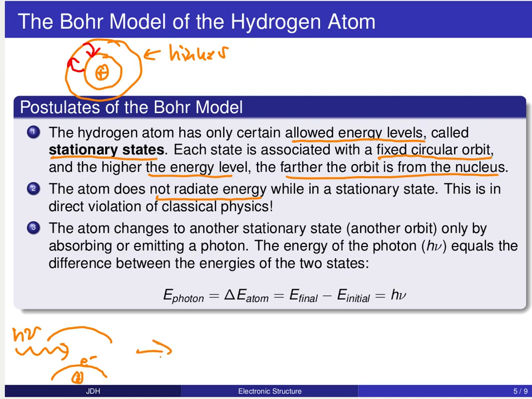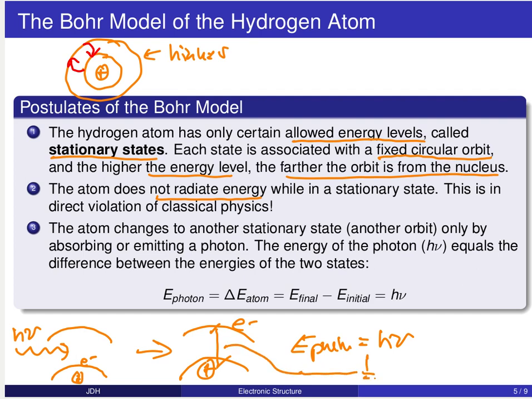Once that photon's absorbed, then that little electron is now going to be in that higher energy orbit, and the energy of that photon, denoted here by h nu, has got to be exactly equal to the delta E energy difference between these two stationary states.